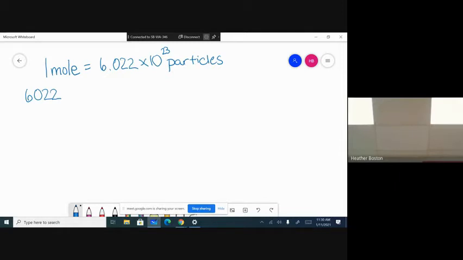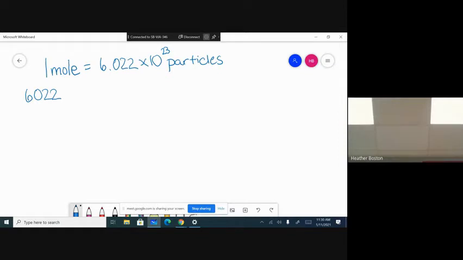So I want you to think of positive being huge. So that's a positive exponent that leads to numbers bigger than 1. Negative exponents lead to numbers less than 1. So I'm going to move the decimal point 23 places out.